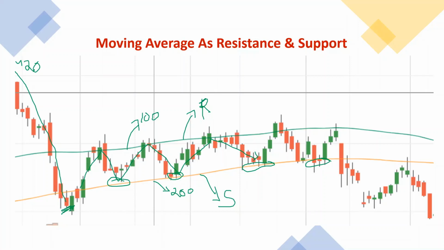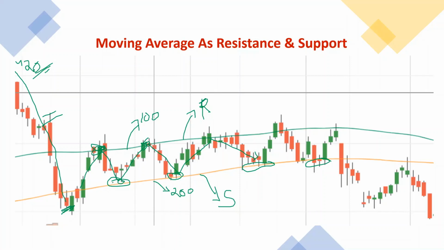So because of this fear, the person who has seen a fall from 420 to 300, that fear that I wish I had sold at this level, at this level, at this level, made him book his profit at these levels generally, right? So this was a level where he started booking his profit because he thought that maybe again the stock would fall, and that made a fall again at this level.